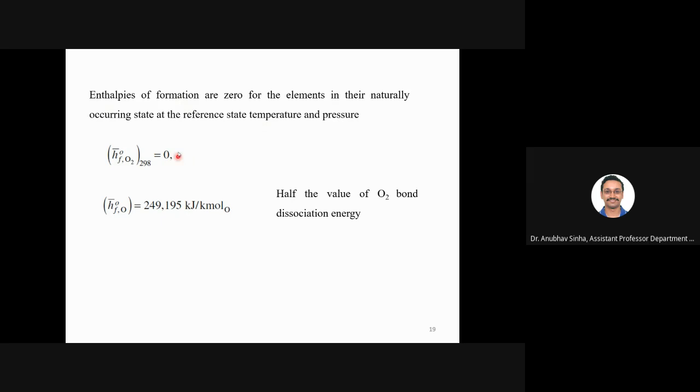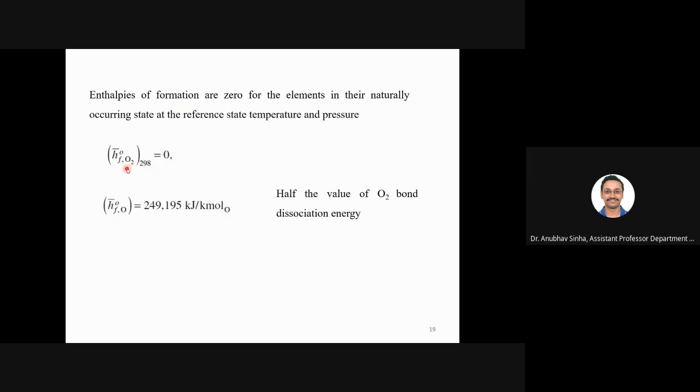For example, oxygen at atmospheric pressure and standard temperature. What is the naturally occurring state for oxygen at room temperature? Anyone? Gas. Right. So we are talking about gaseous oxygen.